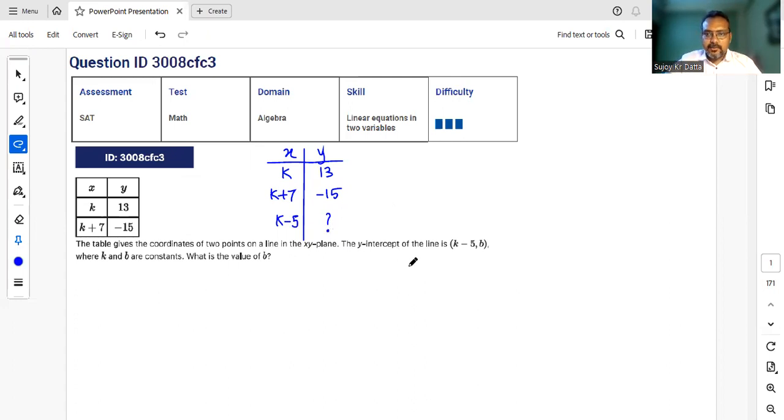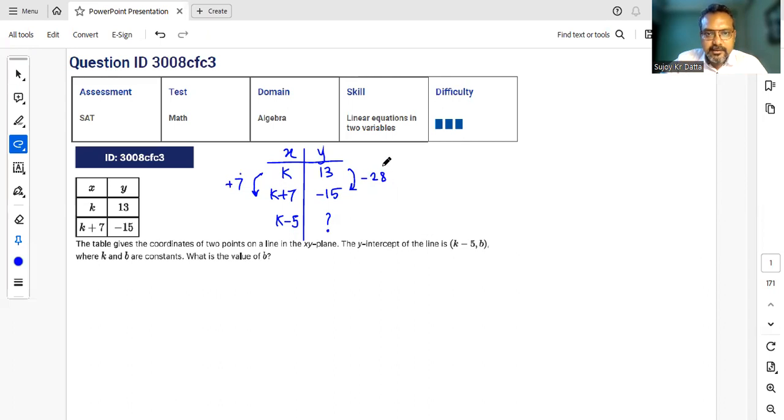So we can just solve this using slope. Okay. So even if you don't use the slope as such, you can just use a pattern because it's a linear equation, right? So the straight line, we see that when x increases by 7, the value of y reduces by 28. From 13, it became minus 15, right?